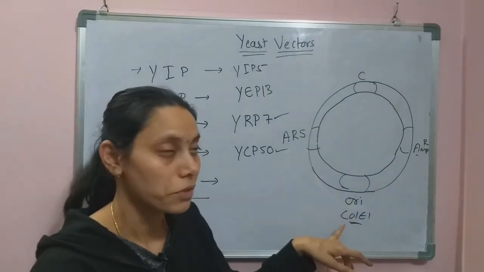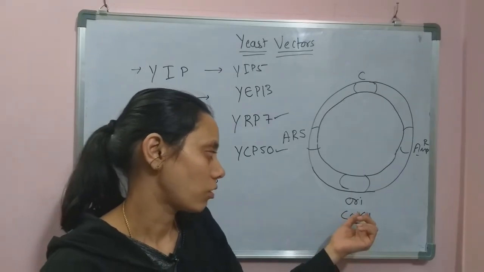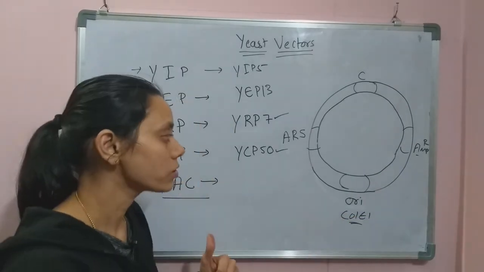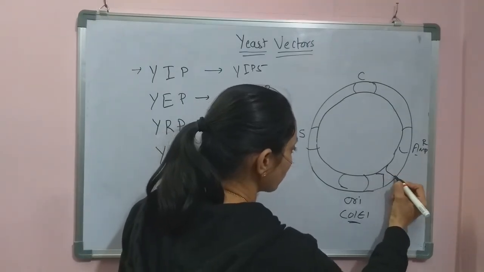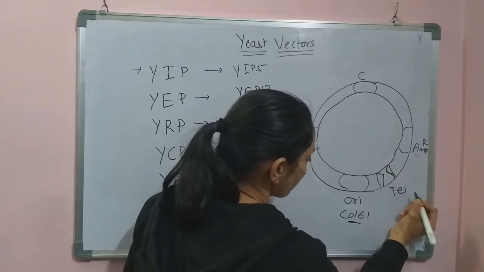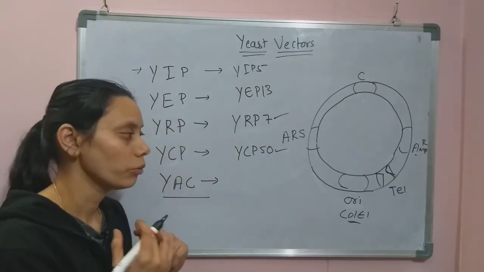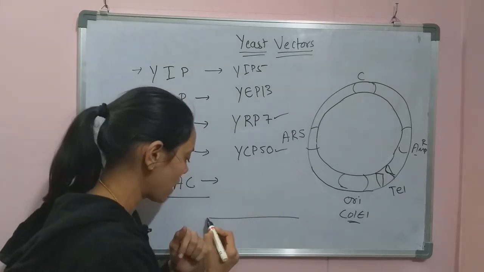They have an origin of replication to replicate inside the bacteria, and also they have regions called telomeres. These telomeres are the regions which linearize this plasmid.